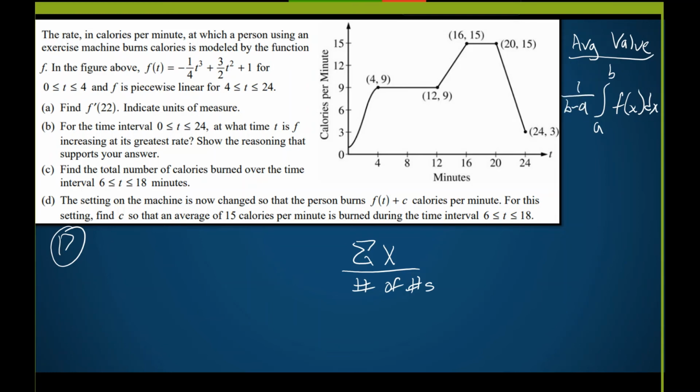If you want to think of this in terms of physics, if f of x is a velocity, when I integrate, I would get displacement, right? But if I divide by the total amount of time that we've covered, that would be my distance over time, which brings me back to velocity. My units do not change for this average value equation.